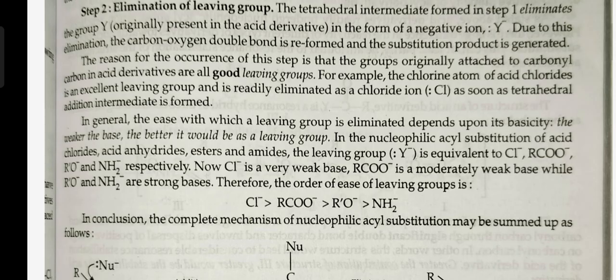Now Cl- is a very weak base. RC=OO- is a moderately weak base, while RO- and NH2- are strong bases. Therefore, the order of leaving group ability is decreasing in order: Cl-, RC=OO-, RO-, and NH2-.